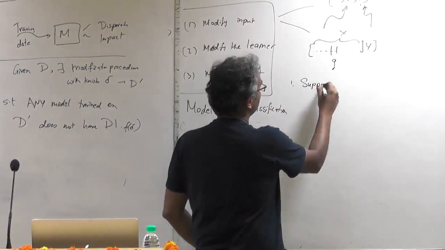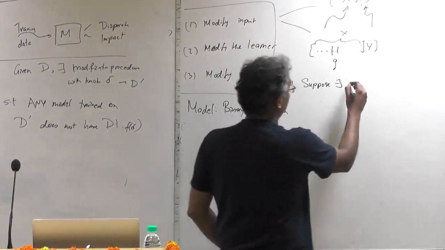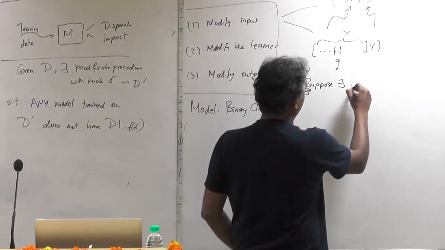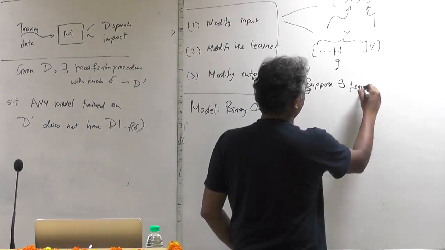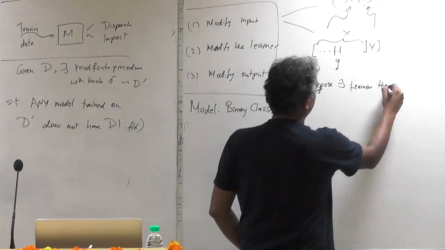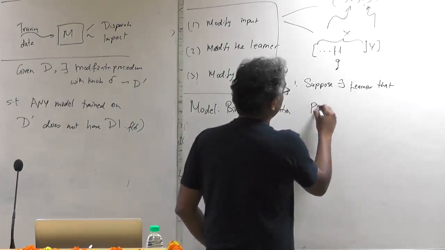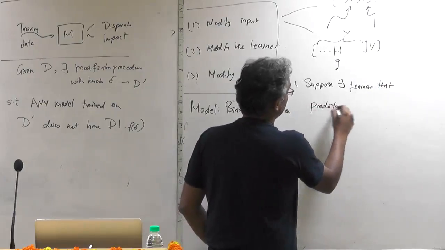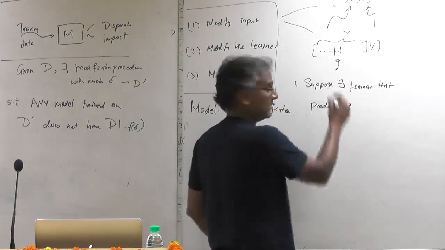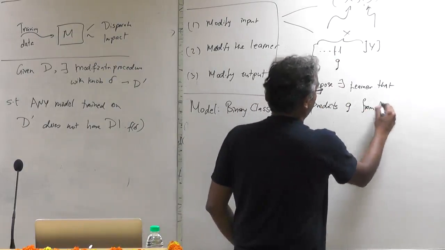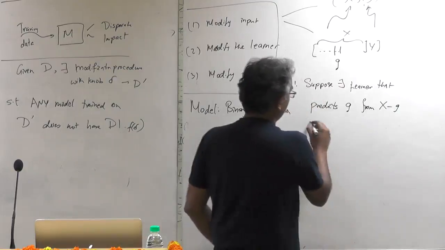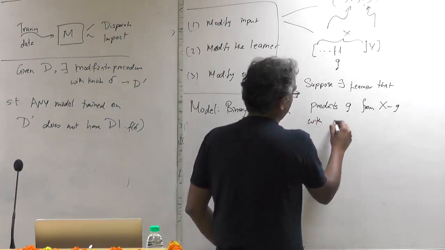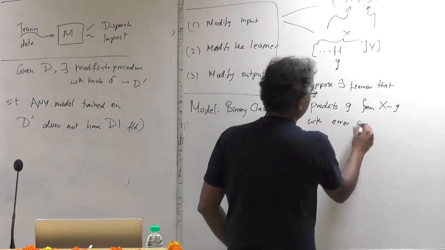Suppose there exists a procedure, a learning procedure that predicts G from X minus G with error epsilon.